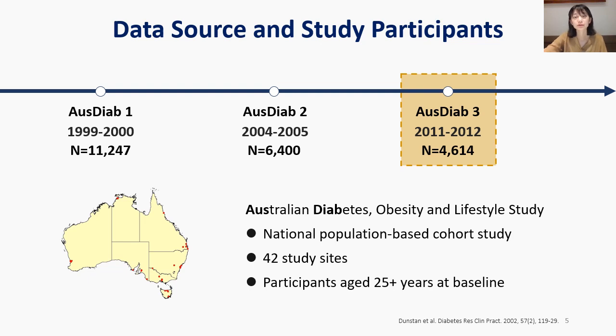The participants were recruited using a two-stage stratified cluster sampling approach. So they first selected 42 study sites, then invited adults aged 25 years or above at baseline. There were around 4,600 participants included in AusDiab 3.